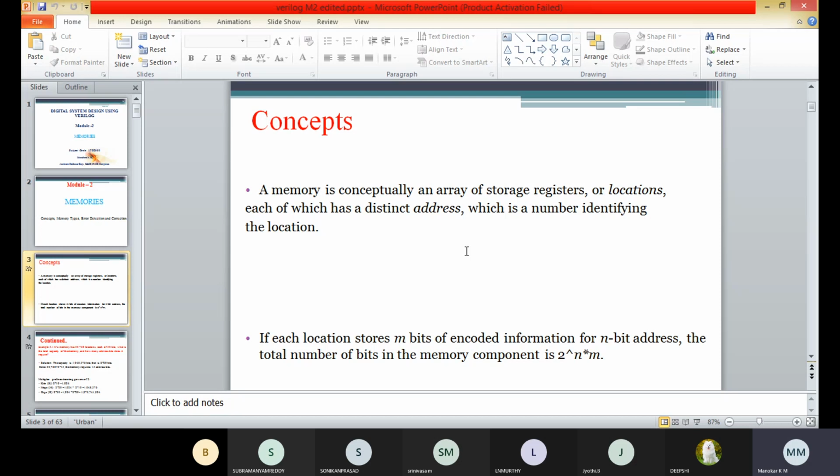Here the memory sizes are referred to by the following multiplier prefixes denoting powers of 2.